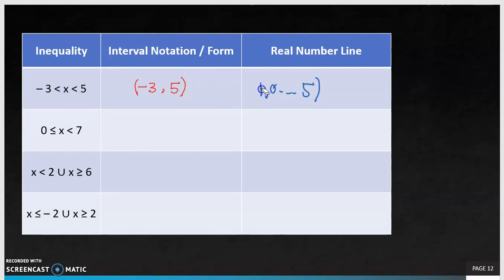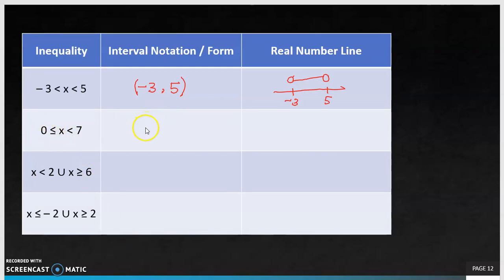Next, we'll look at the real number line. Now we have two values, -3 and 5. Both of them are not included, and the values are in between. So here is the line. Next example, 0 until 7.